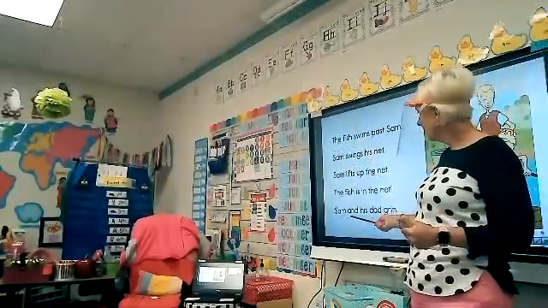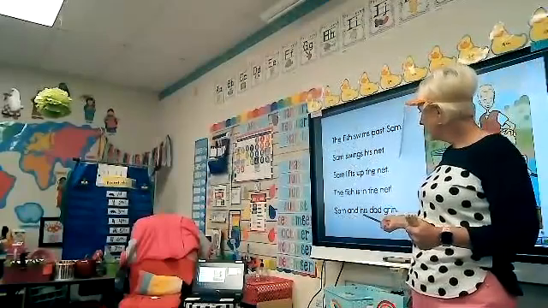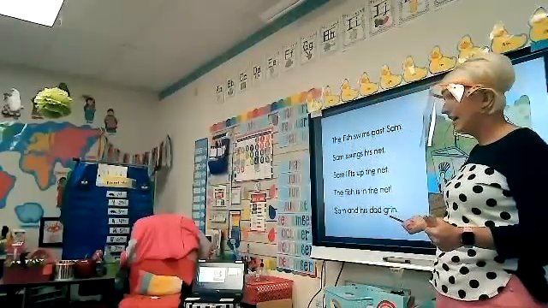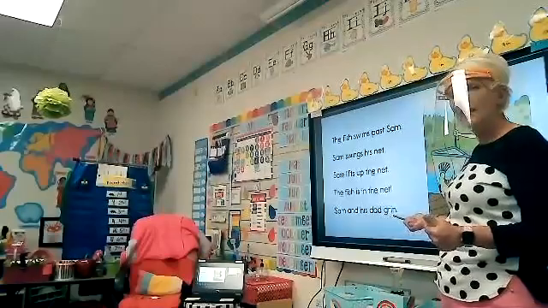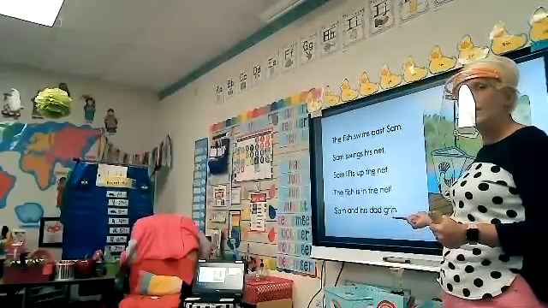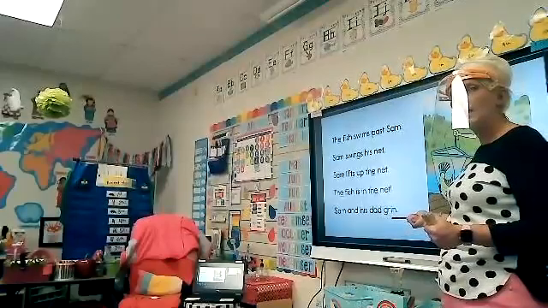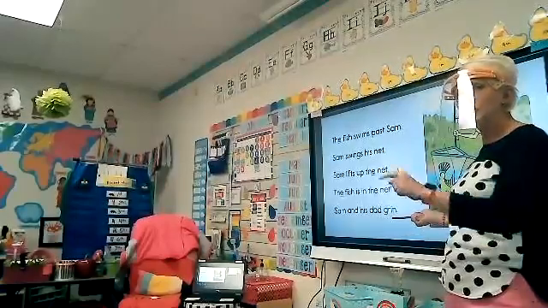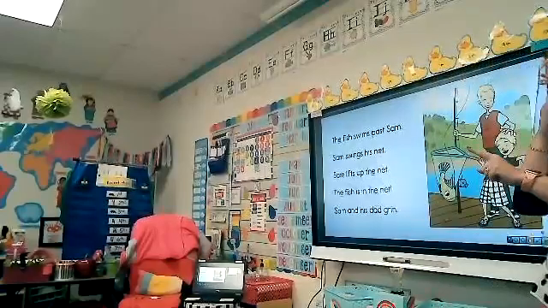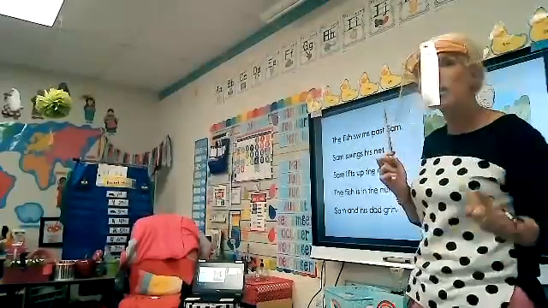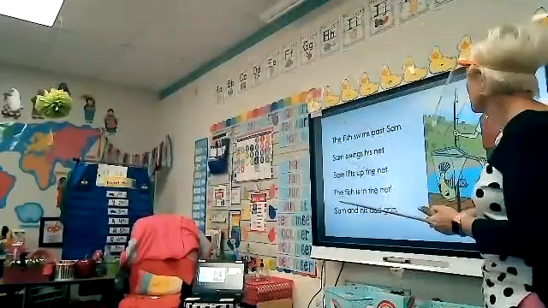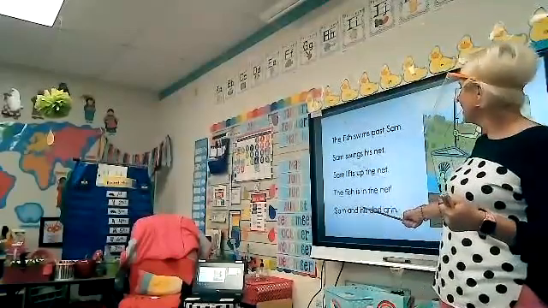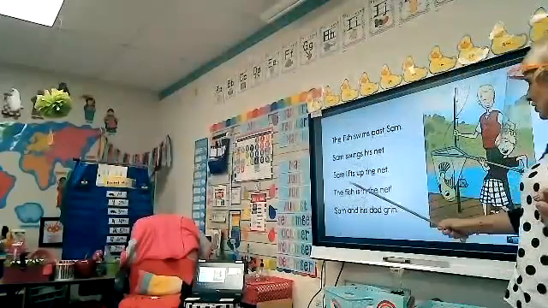Sam and his dad... Grin. Good. Let's let that person try it out. Okay? Grin. That's good. She was sounding it out. Let's read it together. Here we go. Sam and his dad grin.